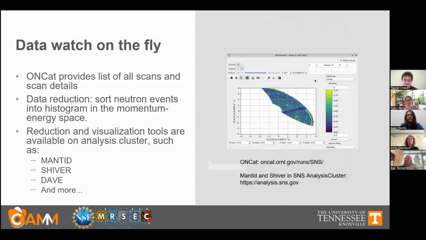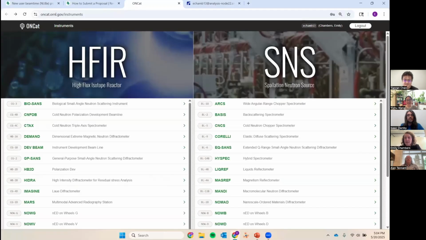And essentially, for neutron experiments, because they're all grouped into where the neutron hits the detector, and also the time in which the neutron hits the detector, you have to basically sort these neutron events into a histogram in momentum and energy space so that you can then look at this data. So I'm going to show you the ONCAT and Mantid and also Shiver tools on the SNS analysis cluster.